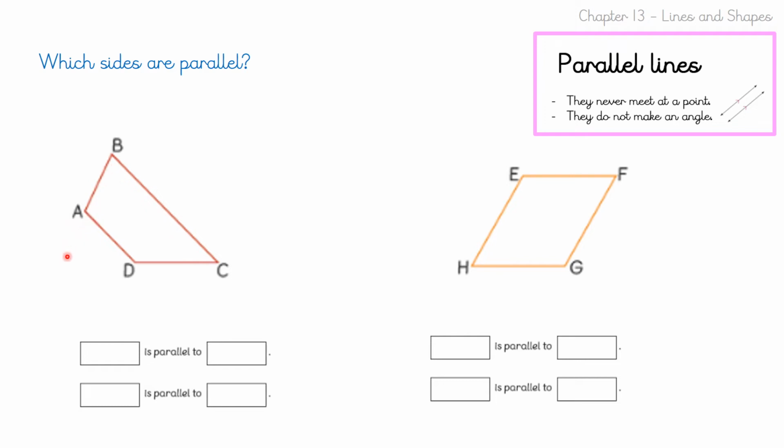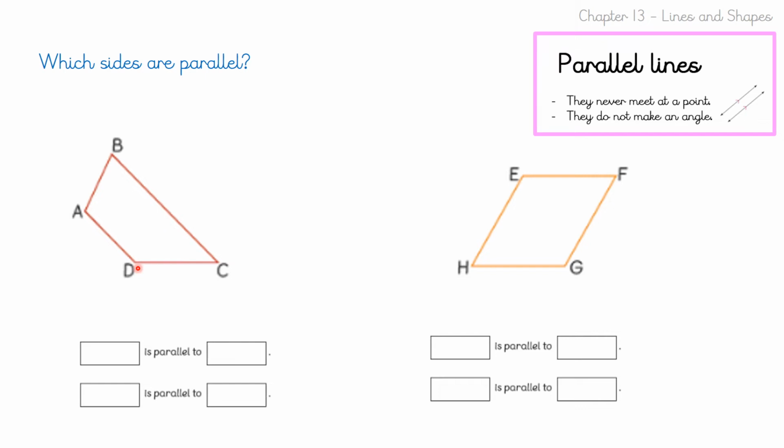If you use your rulers later on, it will be easier to spot. So I can see that if I keep going down and all the way across to CD, they will touch and make an angle. So AB and CD are not parallel lines.